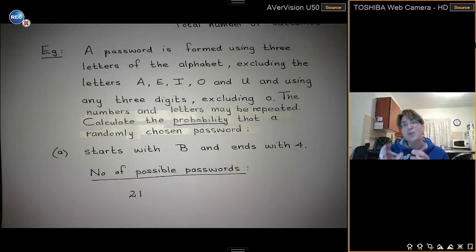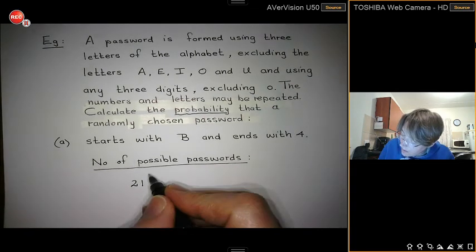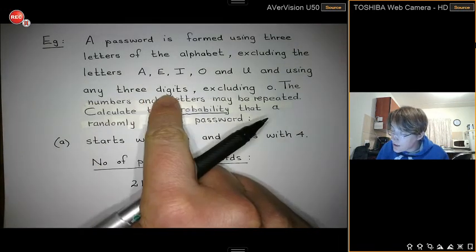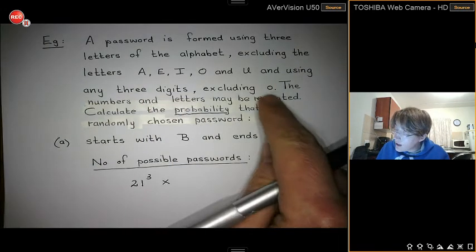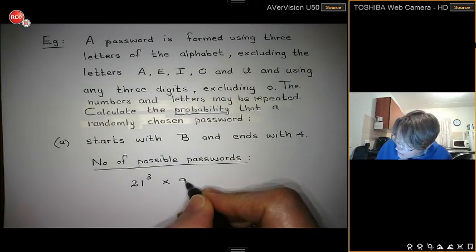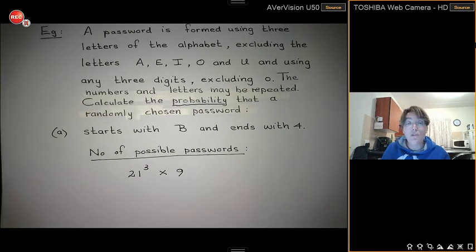Those choices don't get less because repetition is allowed. So it's 21 to the power of 3, times then any 3 digits. Again, repetition is allowed. I can't use 0, so I have 9 digits available. But again, because repetition is allowed, it's not a factorial, it's an exponent, so it's 9 to the power of 3.